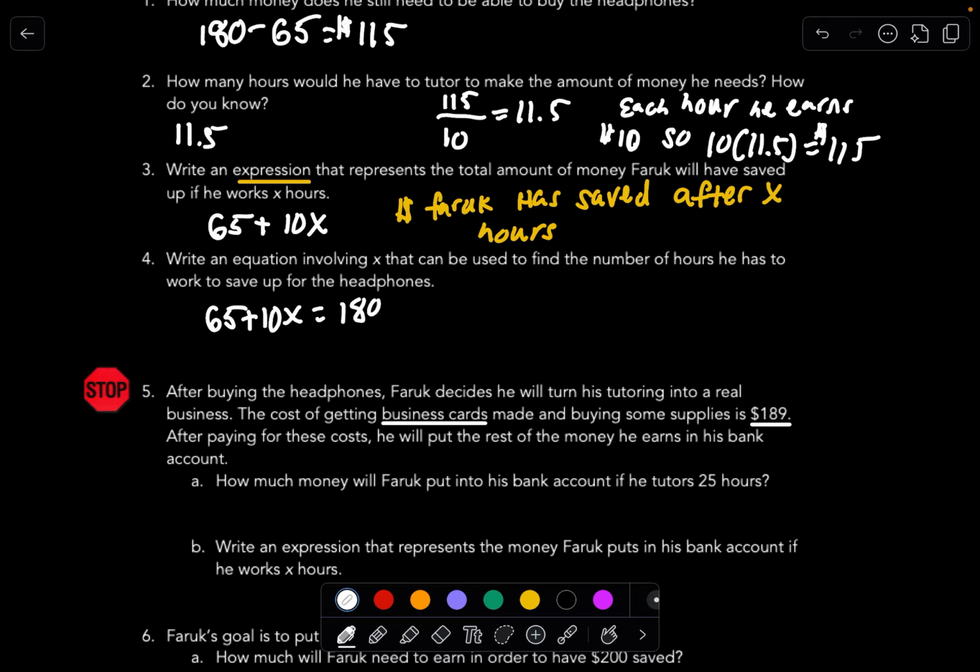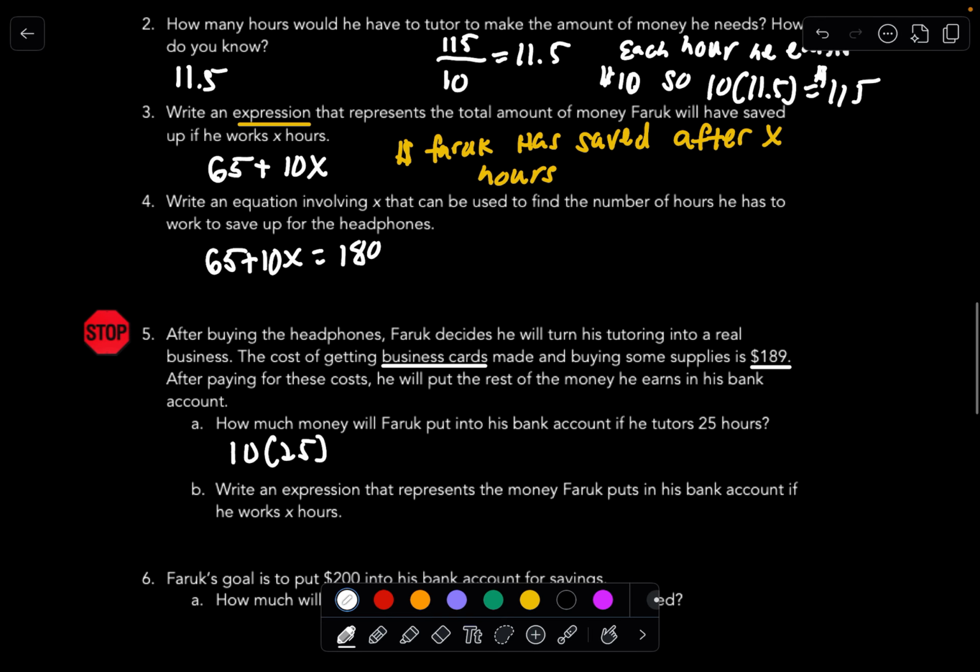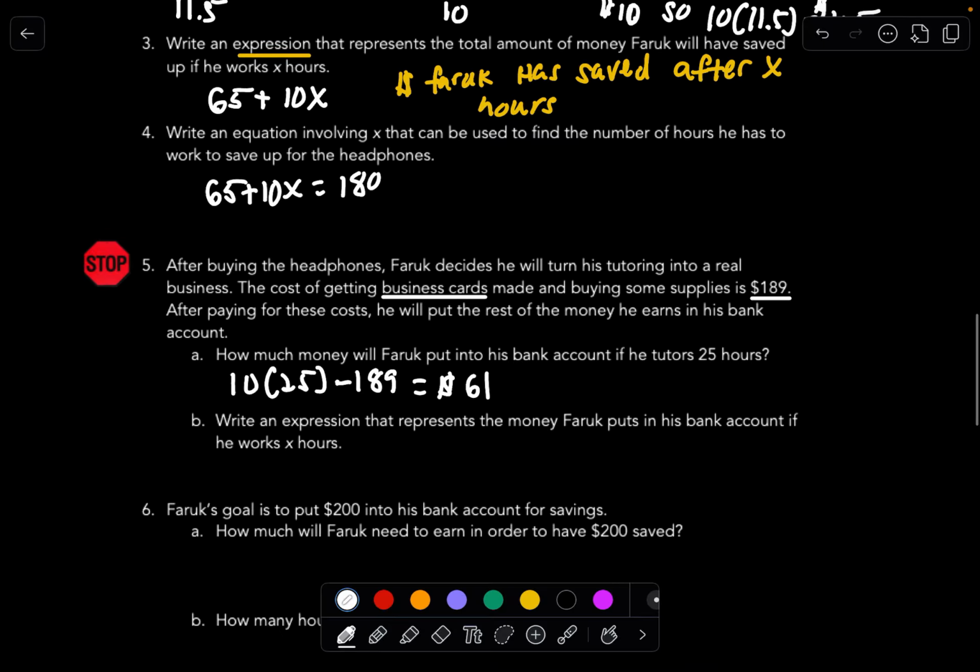Well, that would be 10 times 25. That's the money he gets from tutoring, minus the initial $189 he had to pay, which equals, he would put into his bank account $61, all right? 10 times 25 is 250. 250 minus 189 is $61.